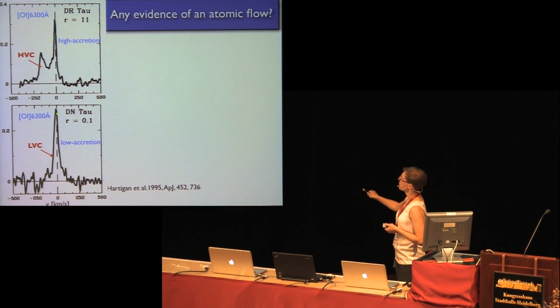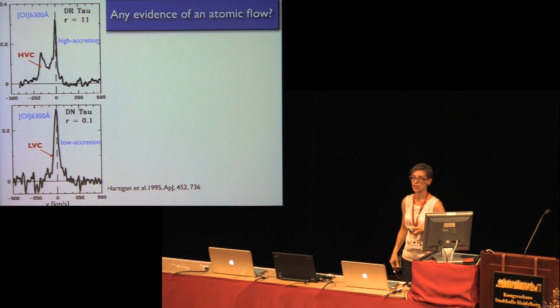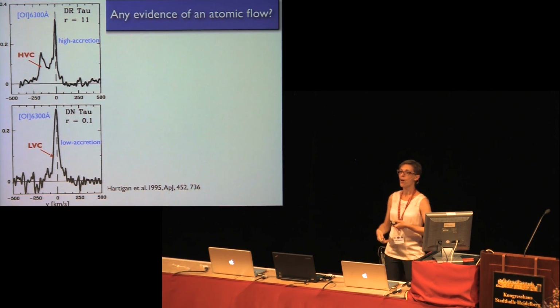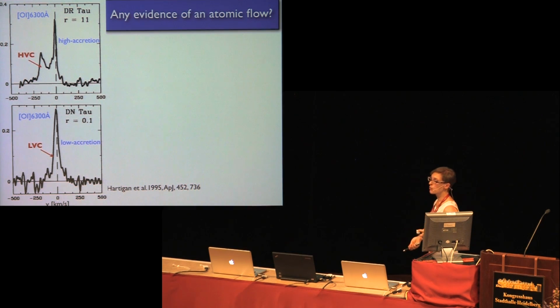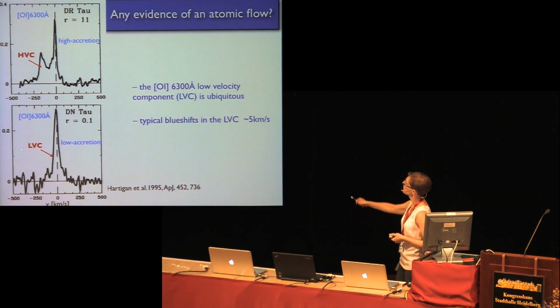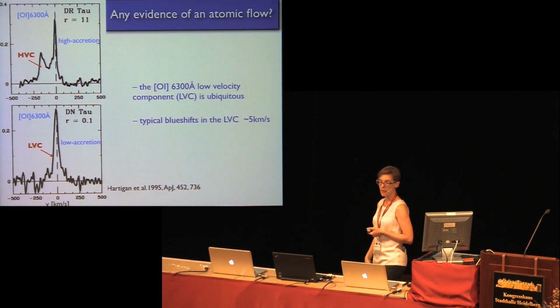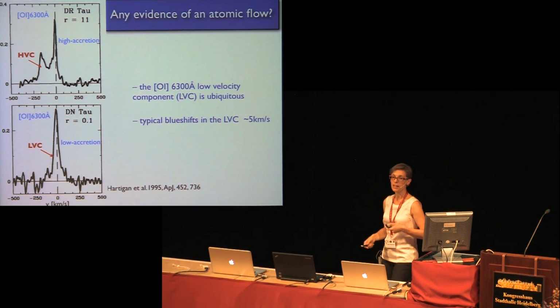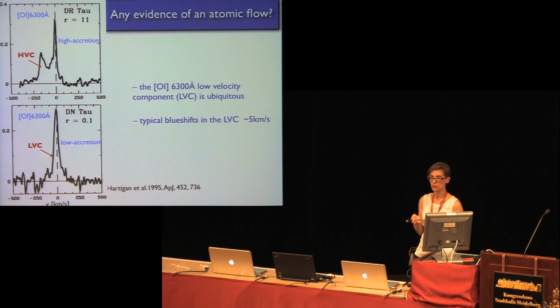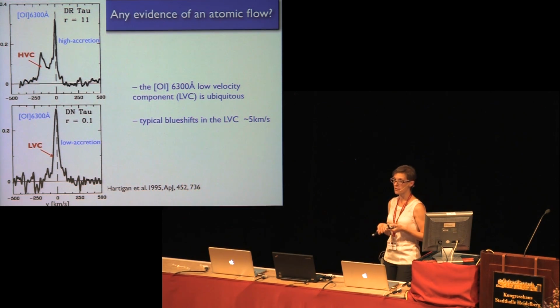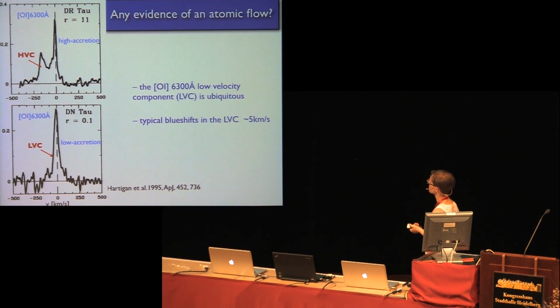They showed this beautiful high-resolution optical spectra of a large sample of T Tauri stars in Taurus. And what they found is that there was always this low-velocity component present in the spectra. And typically, that component showed a blue shift of about 5 kilometers per second with respect to the stellar velocity.